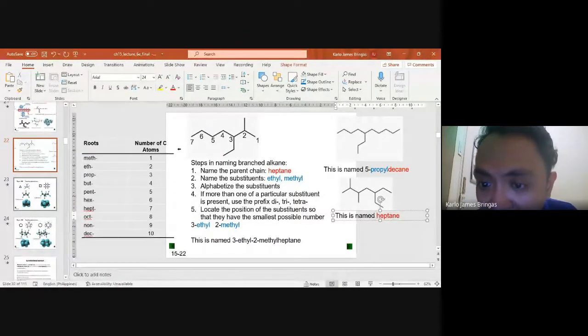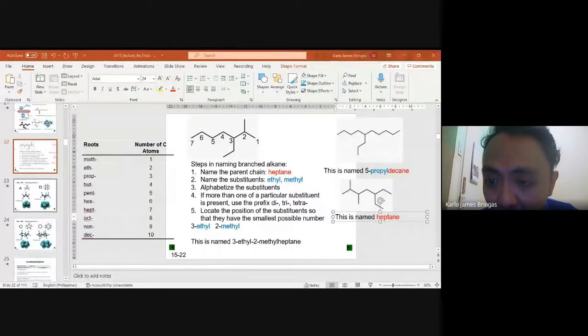Next, pangalanan natin ano ba ang substituents na mayroon tayo. So can you please tell me now for this example, ano bang substituents meron tayo for this one? So that is step 2.